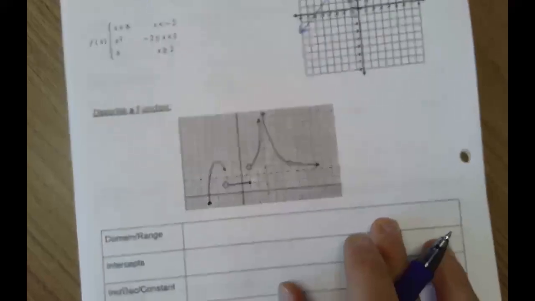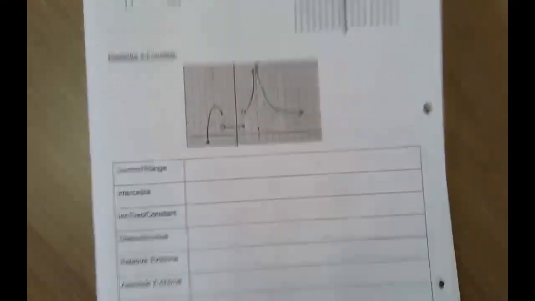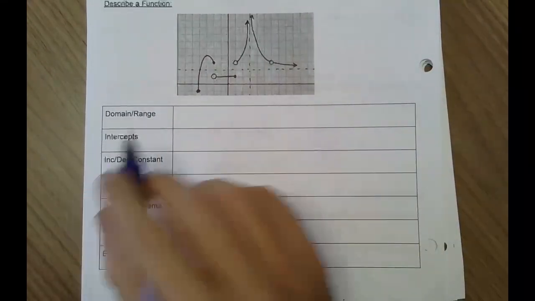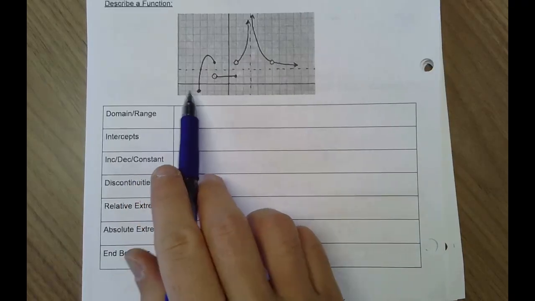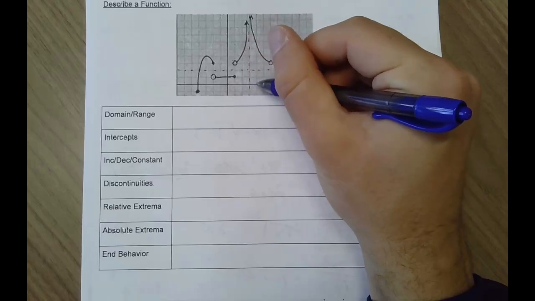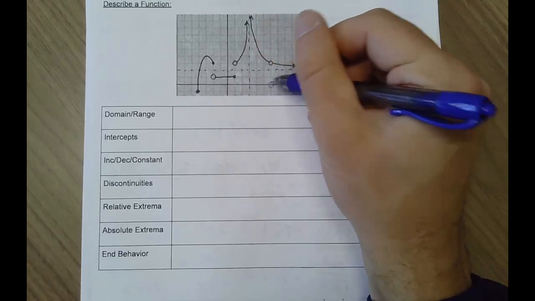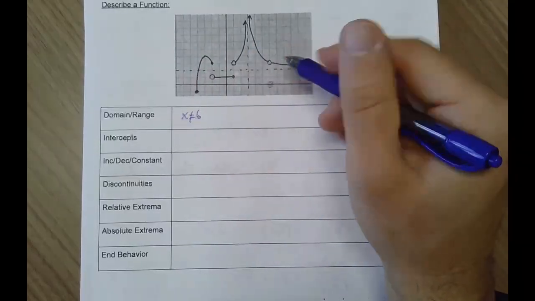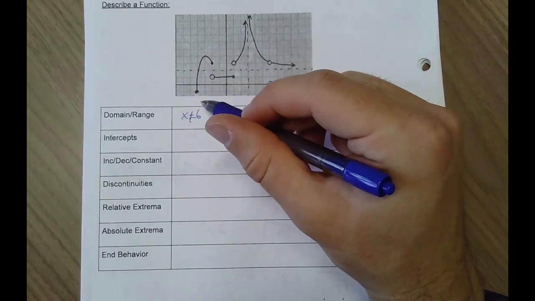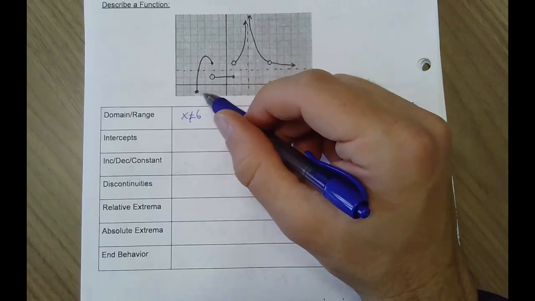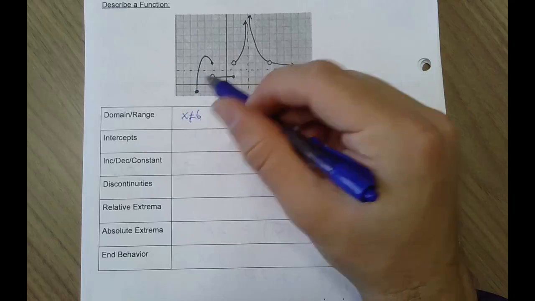Okay. Describe a function. So this is important for calc. We have domain and range. So domain is just like all the possible x values. So are there any x values that would not work? Well, if this is 1, 2, 3, 4, 5, 6, yes. X cannot equal 6 would be the domain, and it looks like x stops here at 1, 2, 3, 4.